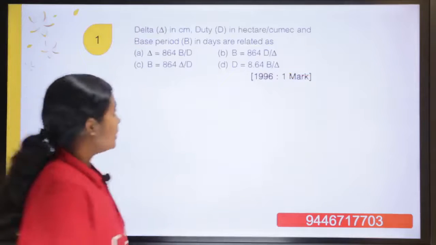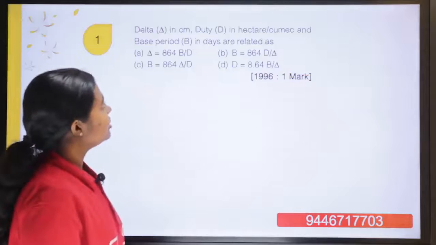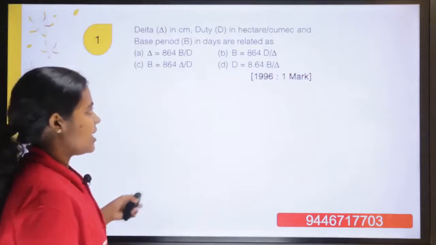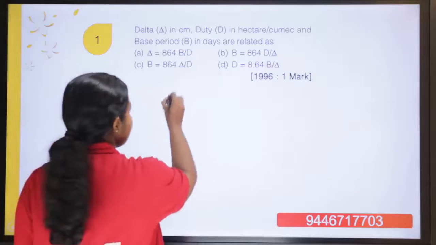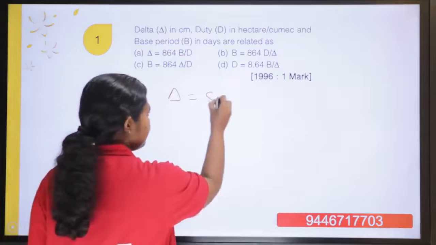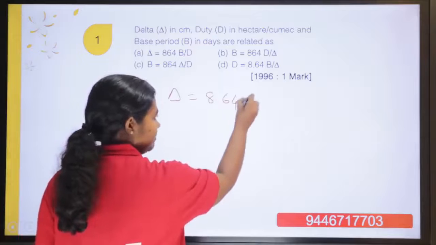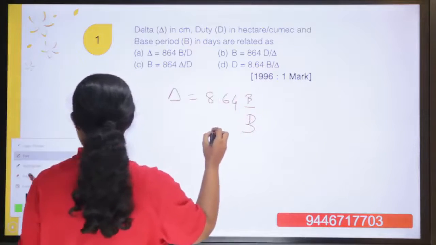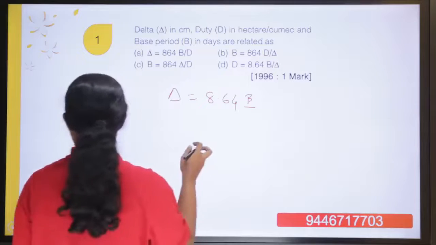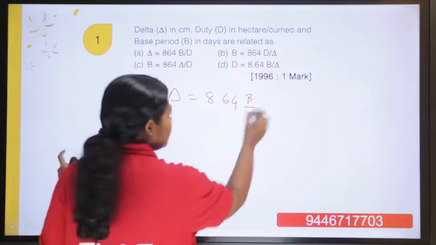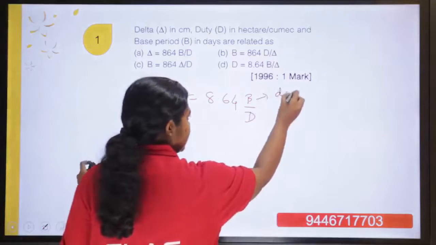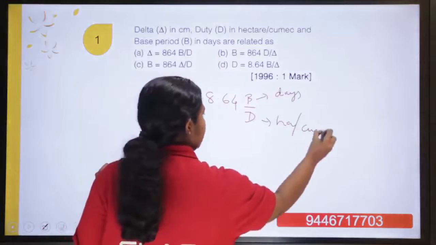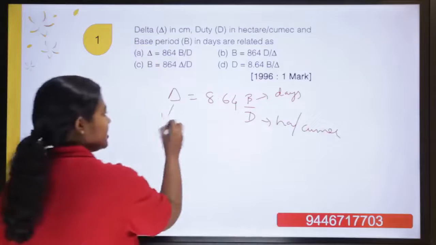The delta in centimeter, duty D in hectares and base period in days are related as. As we know, delta is equal to 8.64 B by D, when the base period is in days, duty is in hectare per cubic meter per second, and delta is in meters.